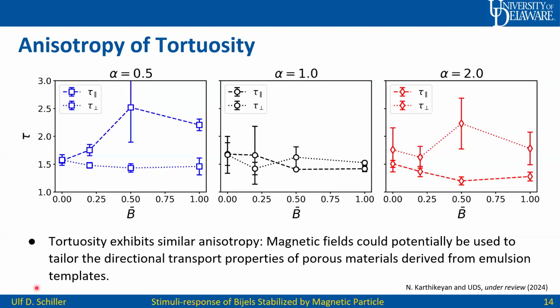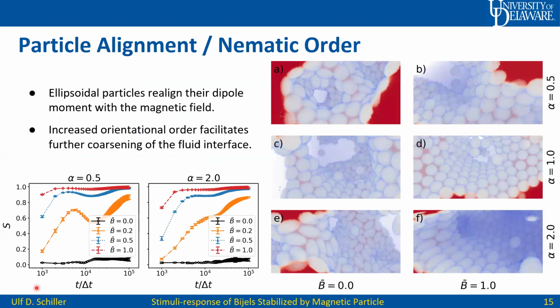Now, in order to understand why that's actually happening, we looked at the particles themselves. One thing we measured is the nematic order parameter of the particles, S here. And what we see, not unexpectedly, is that the particles align with the applied magnetic field. But if we look at the nematic order parameter over time, we see that it's non-monotonic.